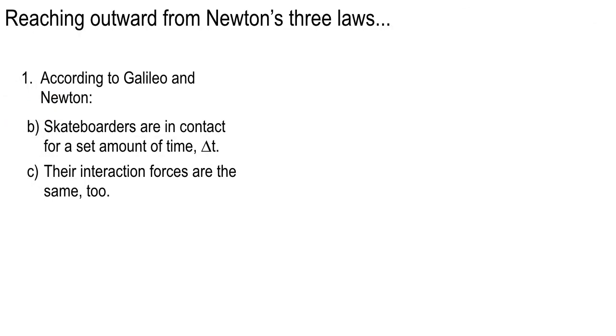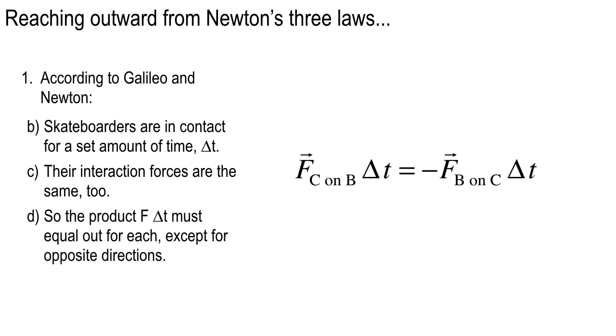According to Newton and Galileo, the skateboarders are in contact for a certain amount of time. Their interaction forces are the same size. So there's going to be an equation between impulses. Now, this is a vector equation. The force of Carl on Bob is in the opposite direction. That's encoded in this minus sign here, of the force of Bob on Carl.